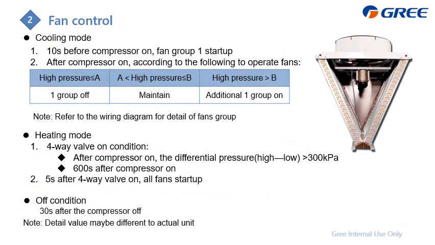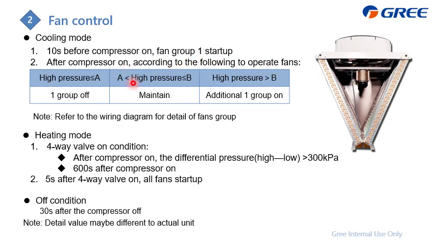This slide displays how to control the fan. The fan refers to the outdoor fan that is located here. And you can find that for the air-cooled screw chiller, there are lots of outdoor fans, right? We divide them into different groups.